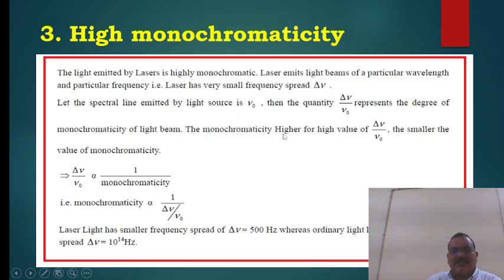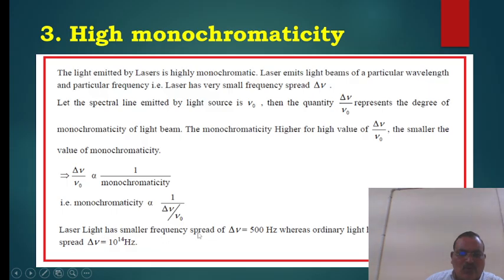represents the degree of monochromaticity of the light beam. The monochromaticity is higher for a small value of del nu by nu naught. That is, monochromaticity is inversely proportional to this term del nu by nu naught.